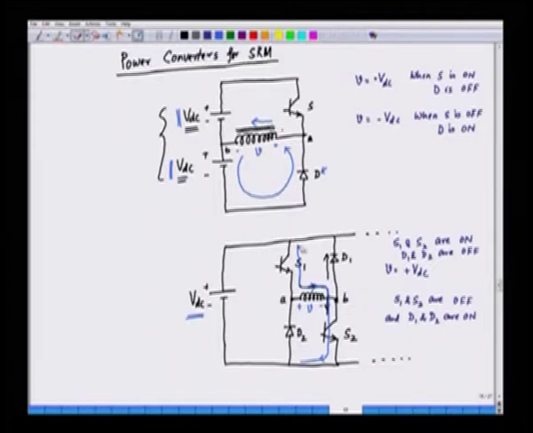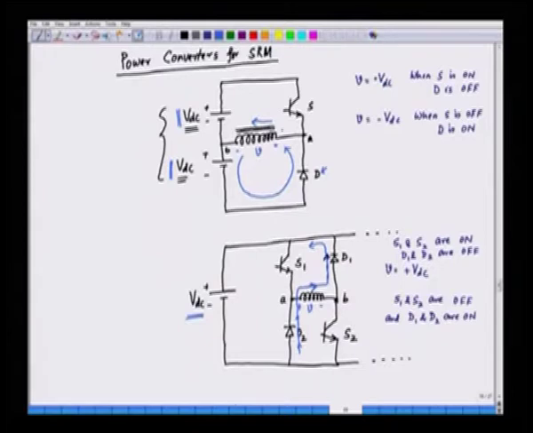So, this path is broken, this path is also not there, but the winding current is still present, and this current is flowing in this direction, this original current, but the switches are turned off. This current will forcibly make the diodes on. So, the diodes will be on, and the path of the current will be through the diodes D1 and D2. That is why we say that the diodes turn on here.